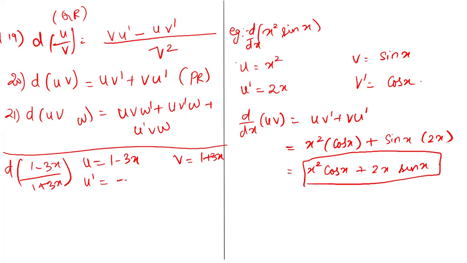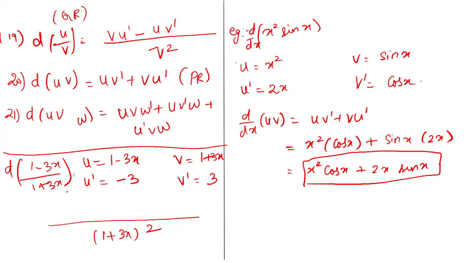u dash will be minus 3 and v dash will be plus 3. Always remember, consider the denominator first and take the square of the denominator. So 1 plus 3x the whole square, and then v u dash minus u v dash. This one, v u dash minus u v dash.